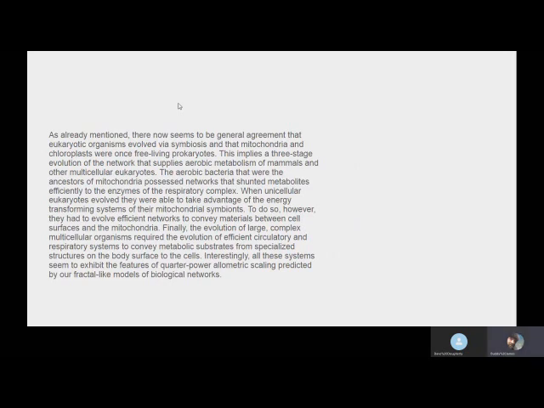Interestingly, all these systems seem to exhibit the features of quarter-power allometric scaling predicted by our fractal-like models of biological networks. So this is really an interdisciplinary type of approach to taking science, art.